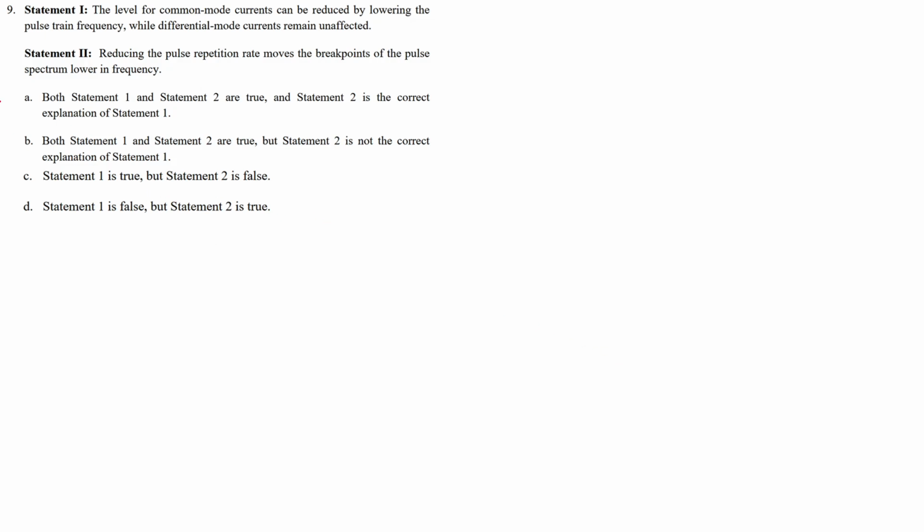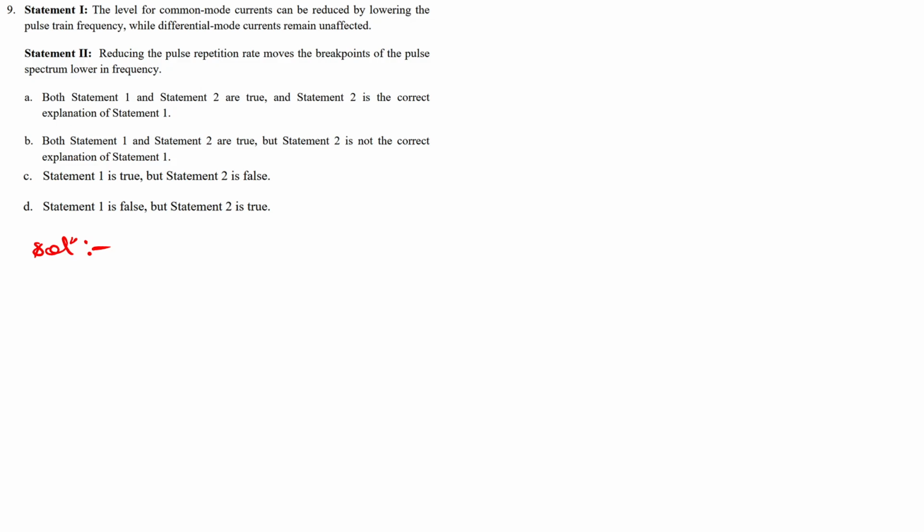Now we just have to comment, and the options are asking if both the statements are correct, or only statement 1 is correct and statement 2 is false, or option C says statement 1 is correct but statement 2 is false, and option D says statement 1 is false but statement 2 is true. So for common mode and differential mode currents, the current level can be reduced by slowing the pulse rise or fall time, or we can reduce the pulse repetition rate, reducing the pulse train frequency.